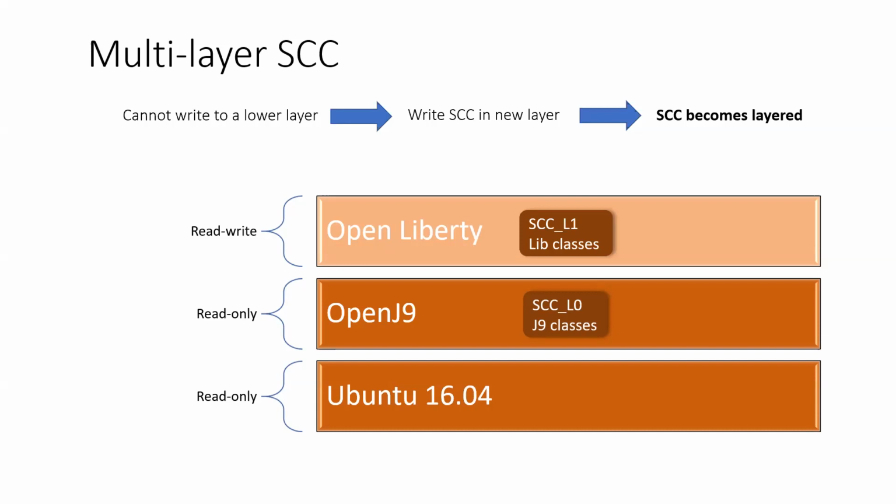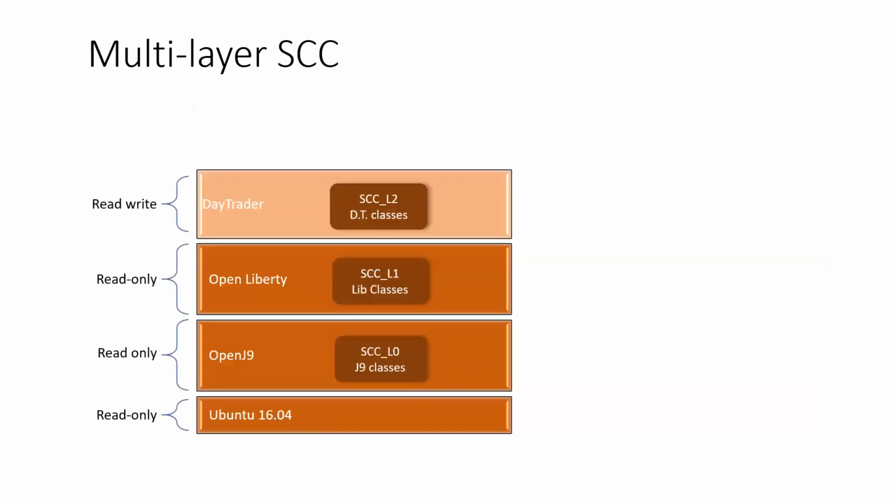So when we are building the DayTrader layer, we create a new layer shared class cache in the top layer. So here's the layer 2 cache, and the DayTrader classes are added in the new layer shared class cache.